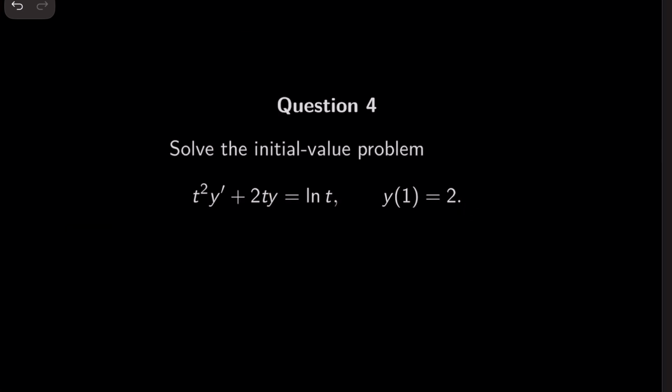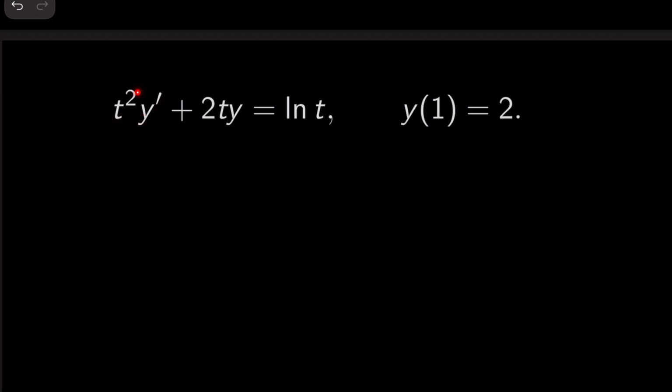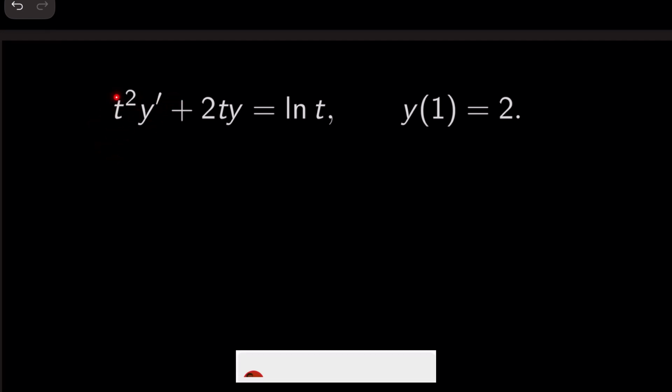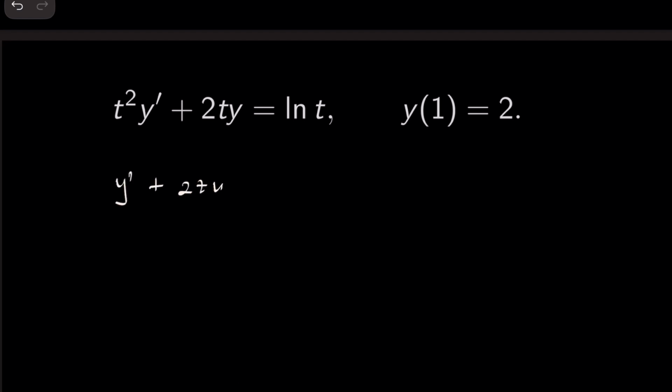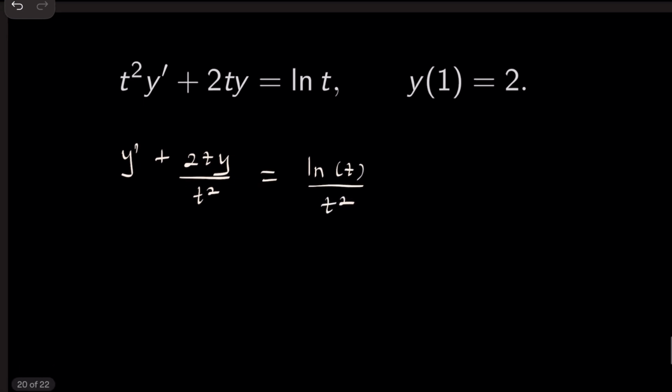With our last question, we have to solve the IVP. t² y' + 2ty = ln t, with the initial condition y(1) = 2. Here, since the coefficient of y' is not equal to 1, we need to divide through by t² in order to get the coefficient to be 1. So we are going to have y' + 2ty/t² = ln t/t².